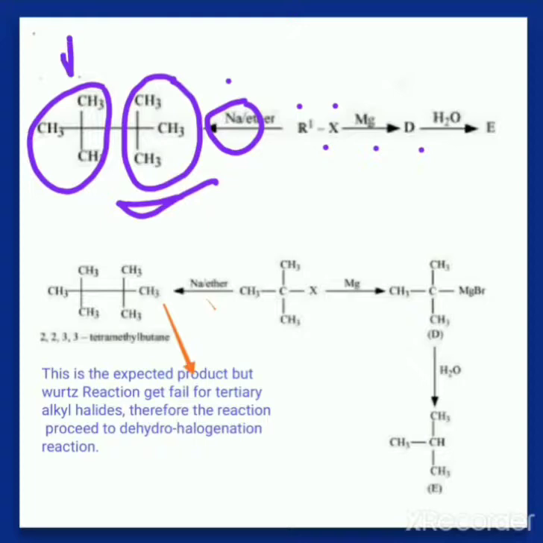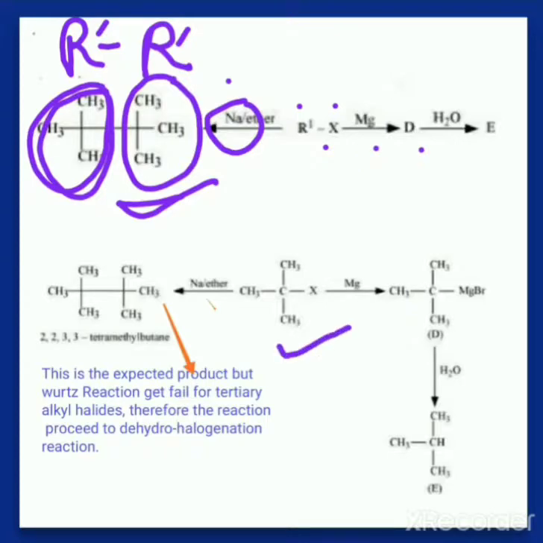That means this one will be R dash and this one will be R dash. So from this we identify what R dash is here. This part is called R dash. So R dash X can be written like this, that means this part which we have identified from here, and X.